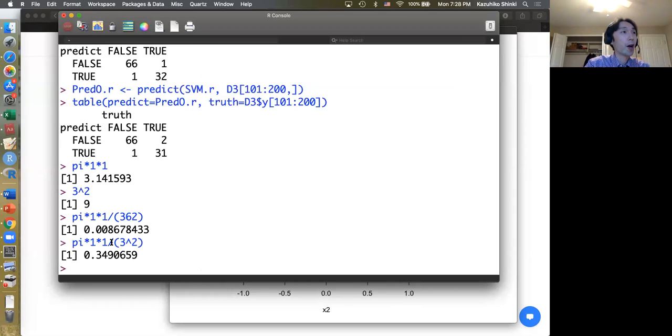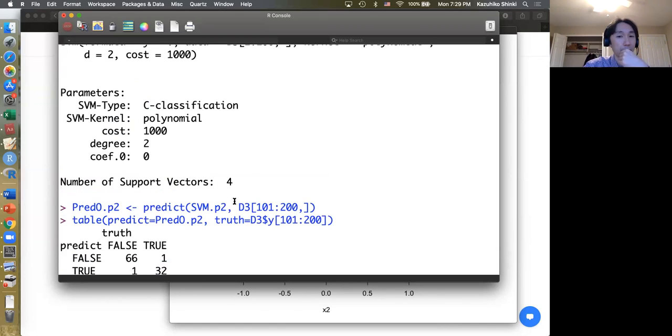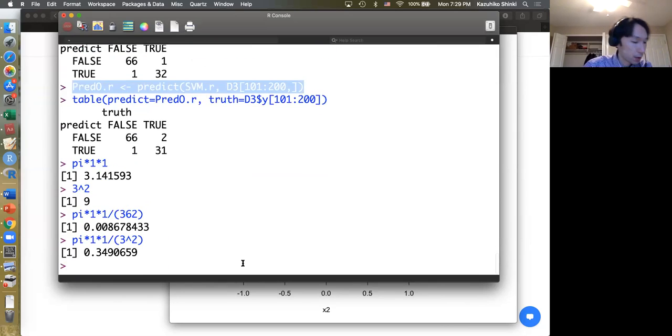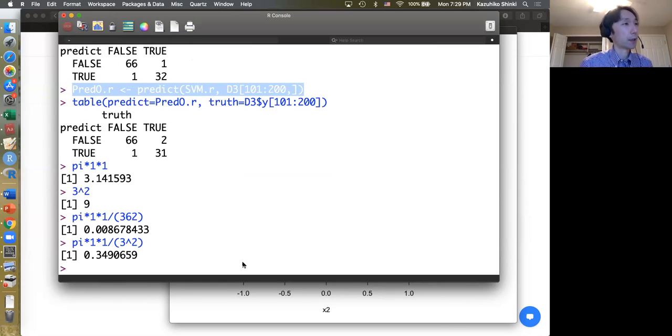And you don't have to manually put in quadratic terms or interaction terms, but we still have to adjust the hyperparameters. For the radial basis function we have gamma and also the cost function, and for the polynomial we have the degree, d equal to 2 here, and also the cost function. So we have to optimize parameters, ideally by cross-validation. Questions?